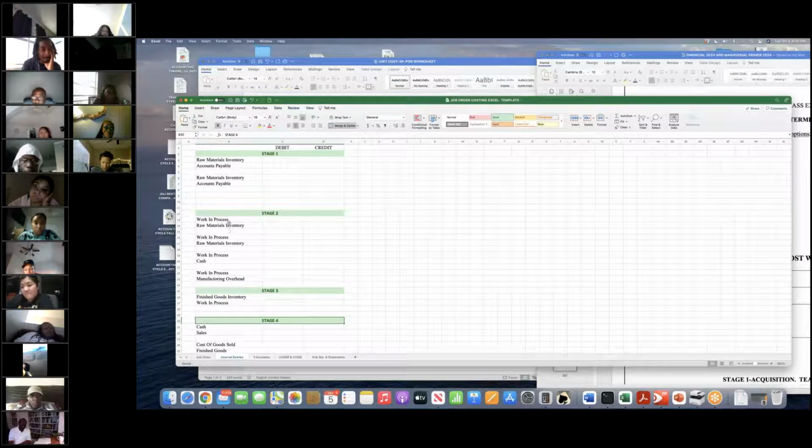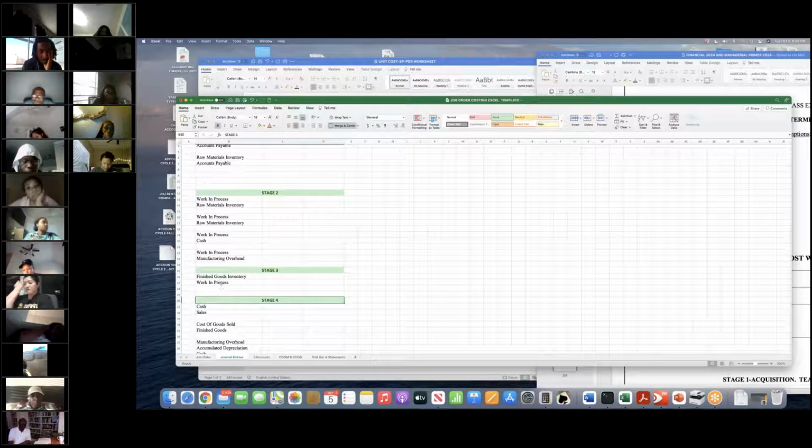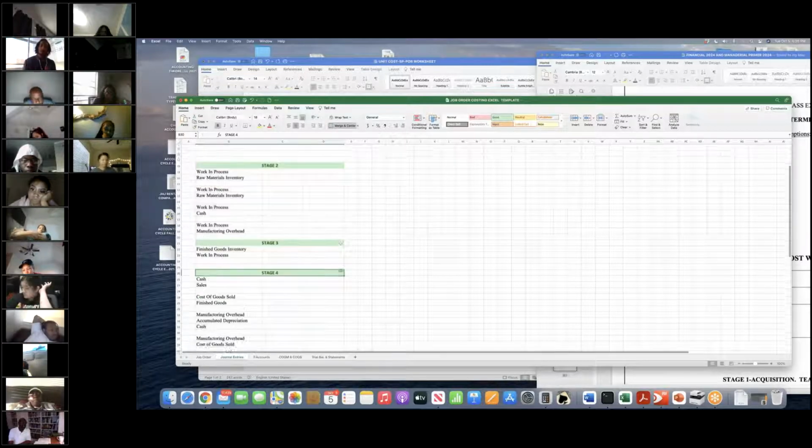And every time in stage 2, we debit work in process. The journal entries are not going to change. You just got to do the calculation. Then stage 3 is when we finish an item, we transfer from work in process to finished goods. So we debit finished goods and credit work in process.